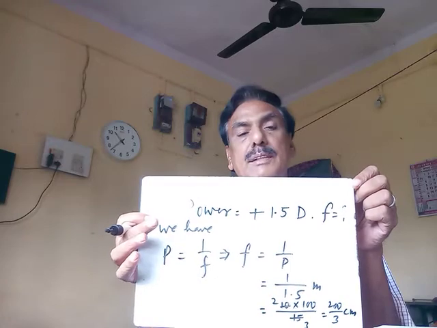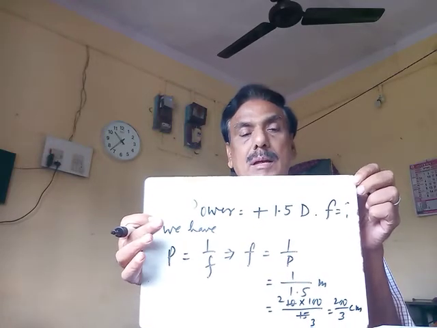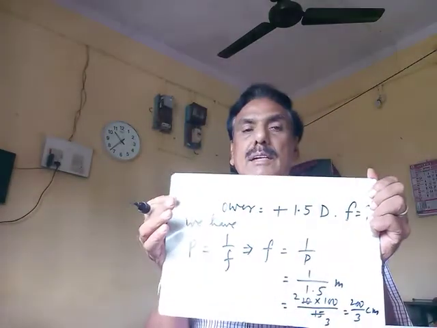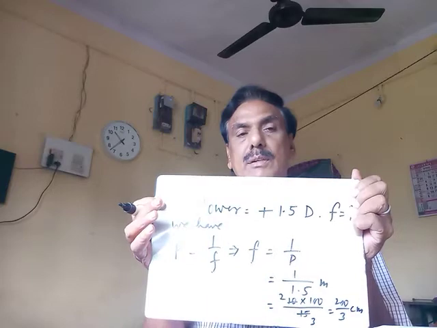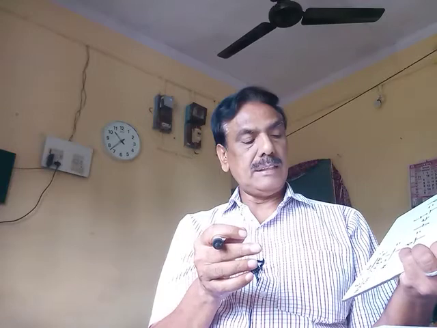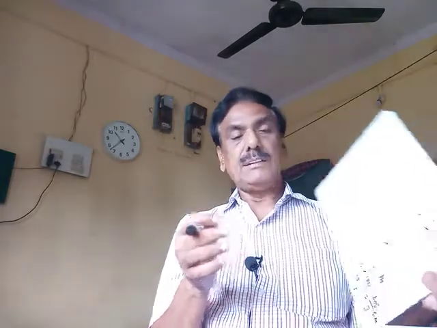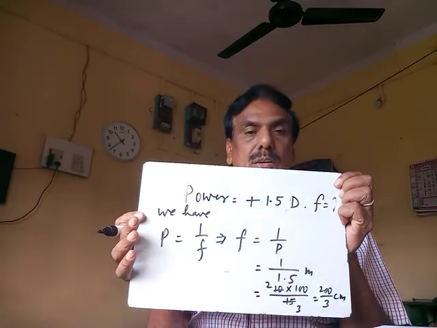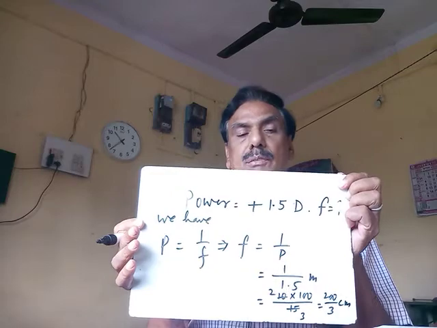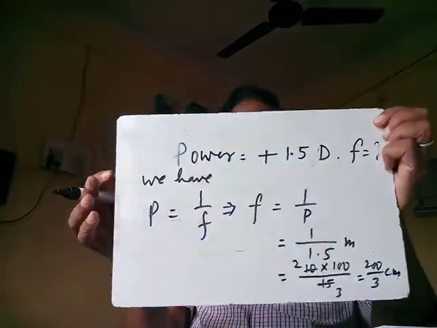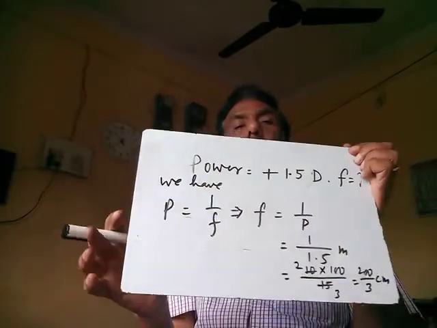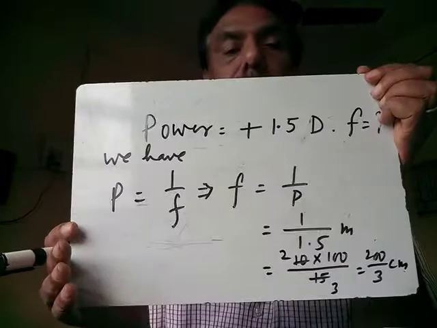Converting to decimal, you get about 67.6 or 67.7 centimeters. The focal length is this.